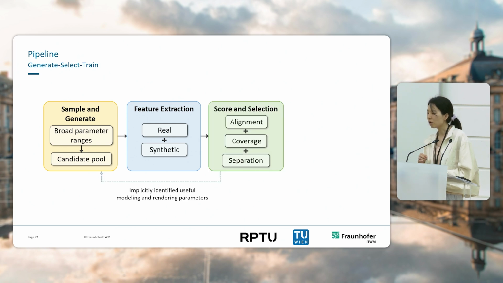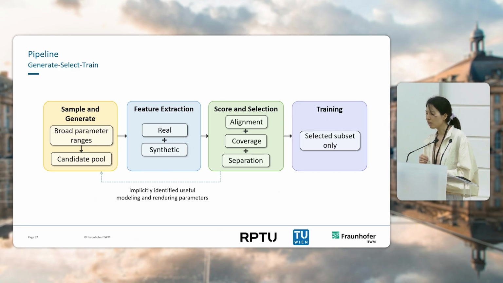Third, we score the candidate defects using our 3 measurements: alignment, coverage, and separation, and select the most useful subset. Finally, we train the downstream model using only the selected defect samples and test it on the real data. So instead of using every rendered image, we screen the synthetic data in feature space before training.